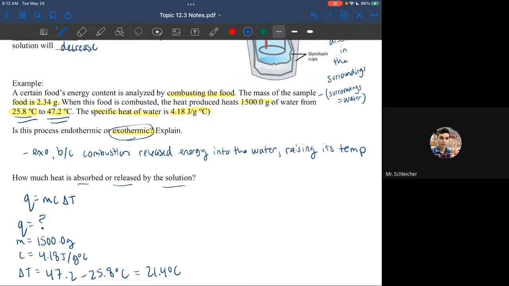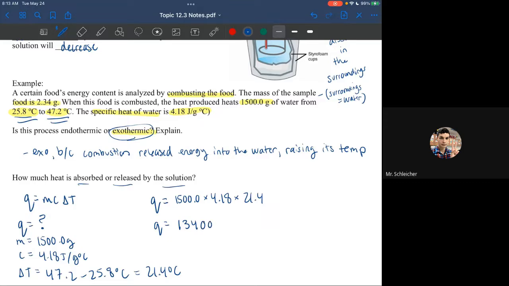All right, so let's go ahead and plug these numbers in. Q, our unknown Q, is equal to 1,500 times 4.18 times 21.4. And if we were to perform that calculation, we would get a number like 134,000.